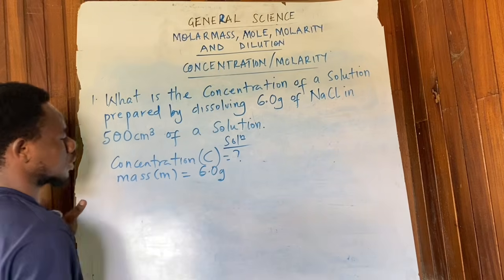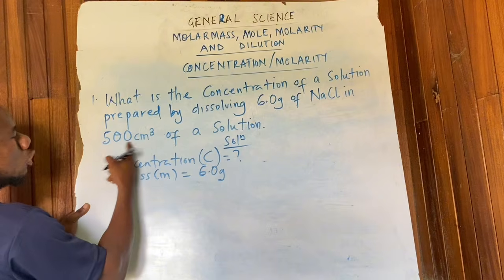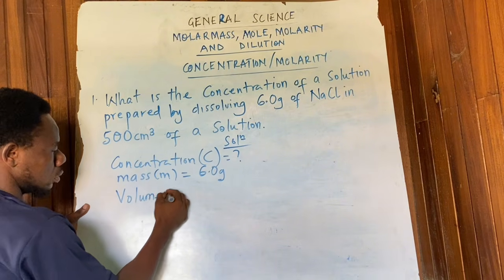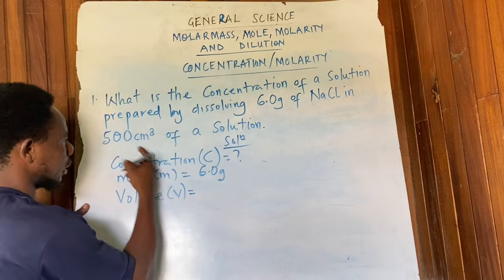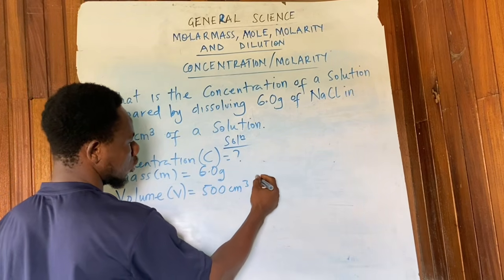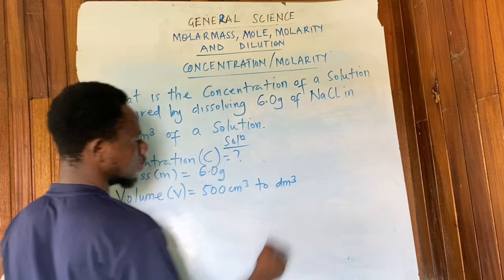So mass is 6.0 grams. Now we have been given volume here. Volume V is in what? cm cube. Don't forget to change it to dm cube.